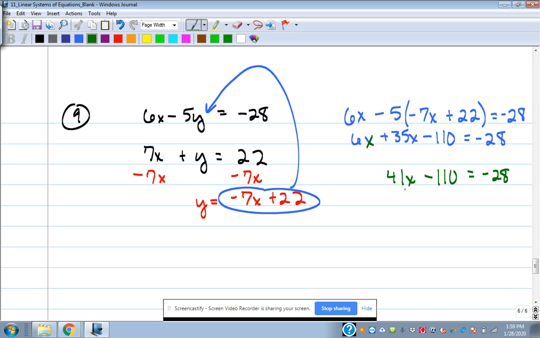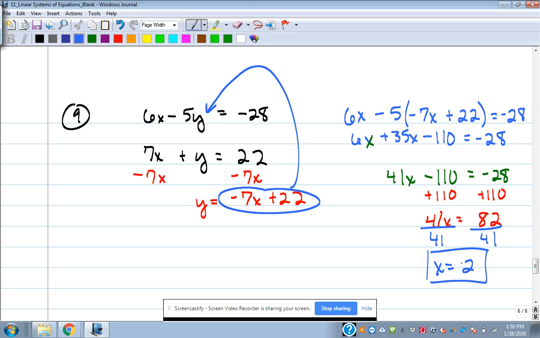And then add the 110 to the negative 28. 41x equals 82. And then divide by 41. This works out real nice. x is 2.